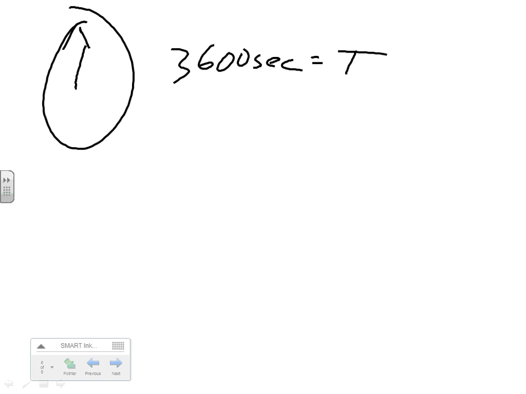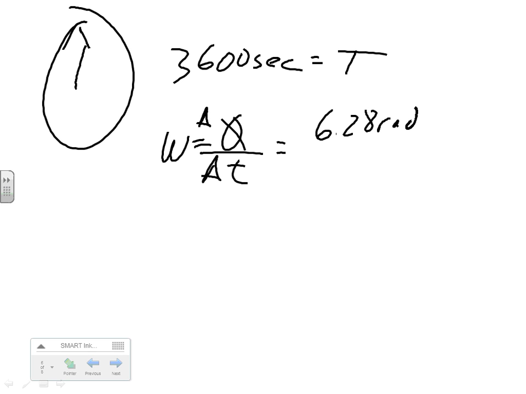We're trying to find angular velocity. Angular velocity is omega equals delta theta divided by delta t. Remember that delta theta is the angular displacement. We're going to do that for one time around, which is one revolution, or we're going to write it in terms of radians, 6.28 radians, and it goes that far in a time of 3,600 seconds.